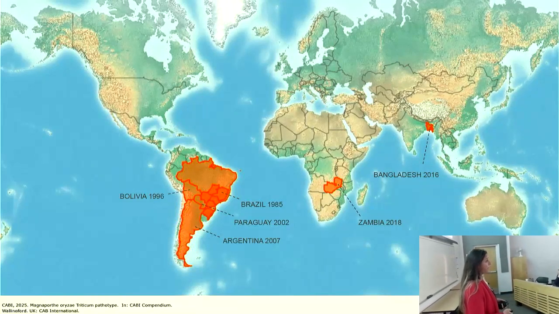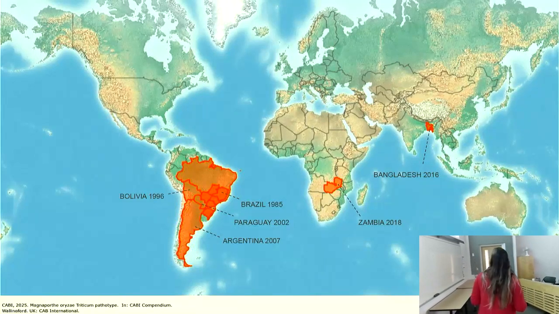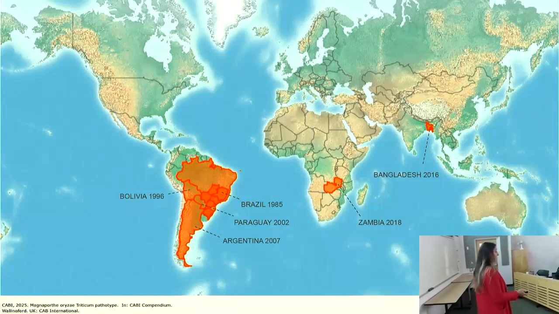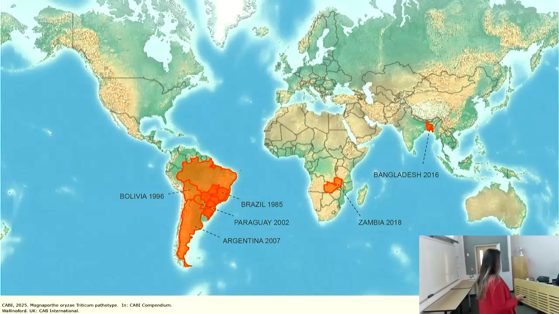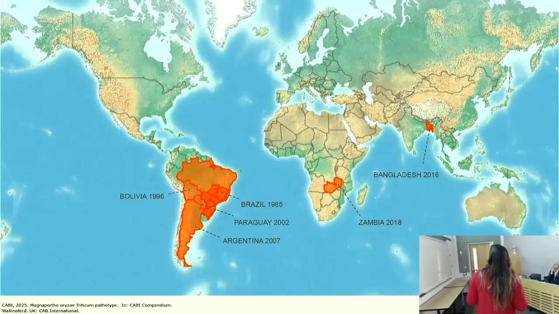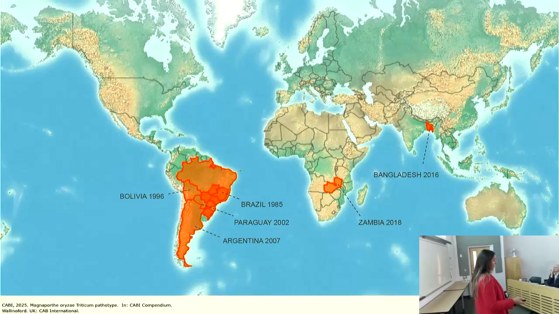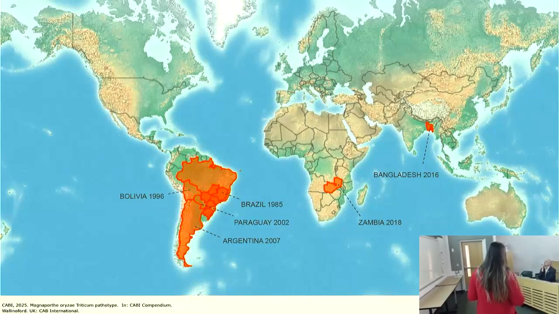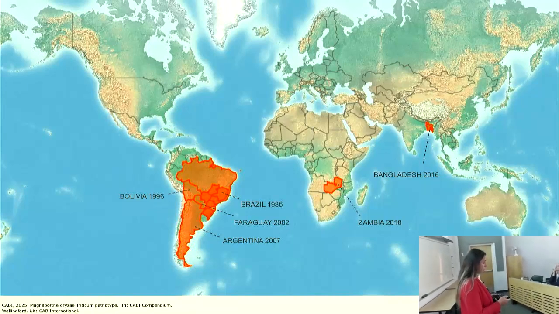Maybe the weather, we don't have the right weather conditions, maybe it's too cold, it's a tropical disease, right? It needs 28 degrees or more to develop. But then we have Fusarium, and they are pretty similar. And we also have blast on rice, that is one of the main diseases there.